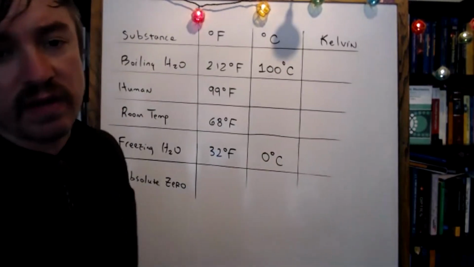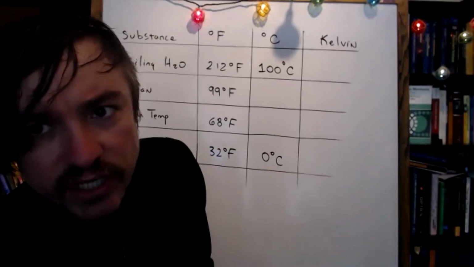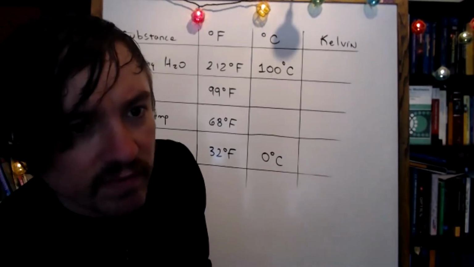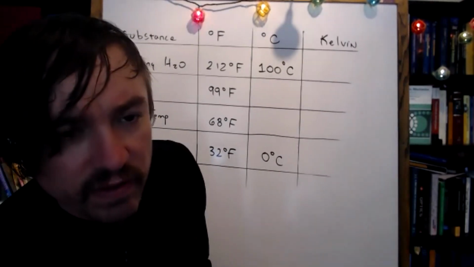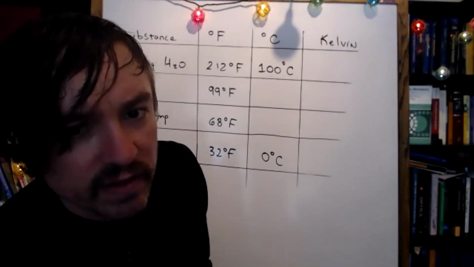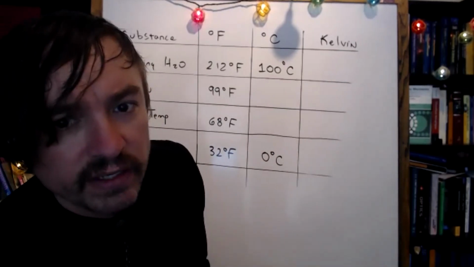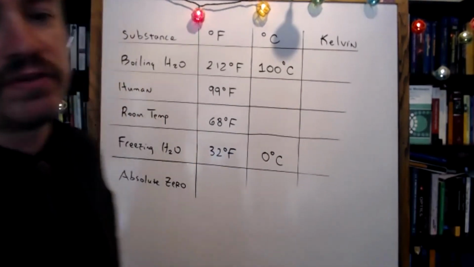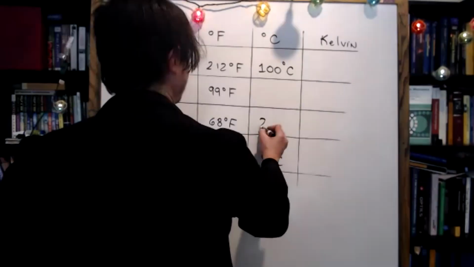And that means, let me just check my numbers, a human is around 37 degrees Celsius, and room temperature is around 20 degrees Celsius on that scale.